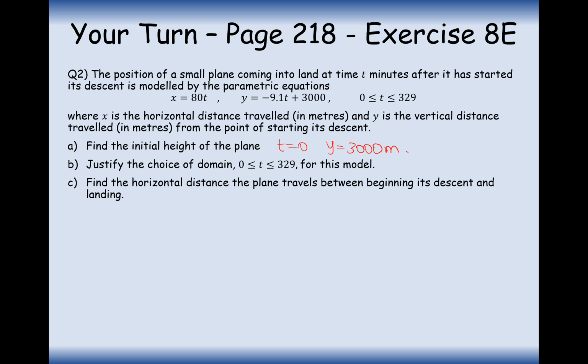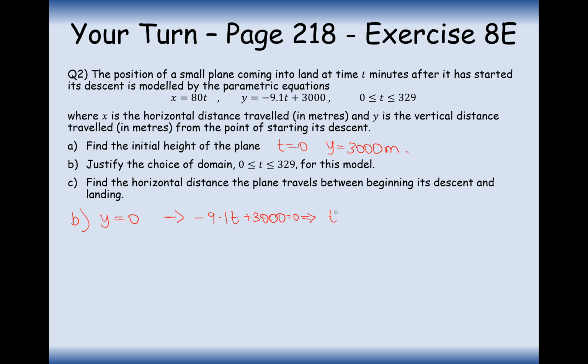Justify the choice of the domain from 0 to 329 for this model. Well, we don't want it to go into negative height. So what we want is to set y equal to 0. Then we get minus 9.1t plus 3000 equals 0.